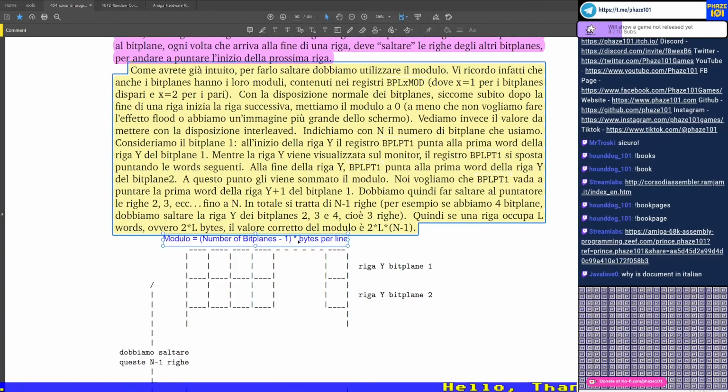If we have 3 bit planes, we know that the modulo is how much we need to jump. The modulo is calculated as the number of bit planes minus 1, of course, times the number of bytes per line.